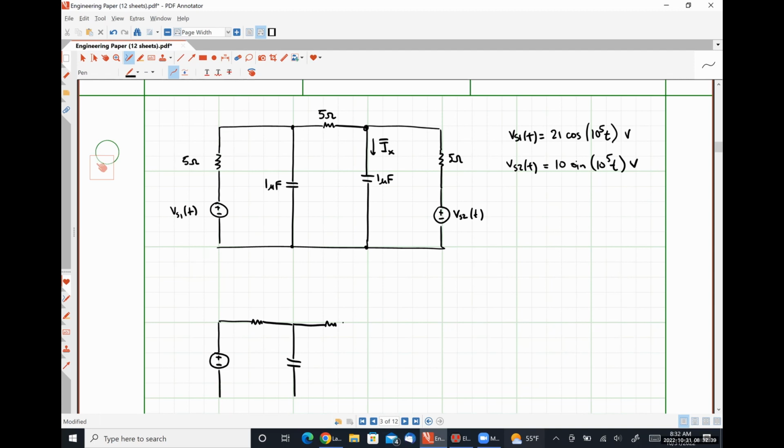What is its phasor equivalent? 20 angle 0 degrees volts. 21, thank you. What about our voltage source VS2? What's it going to look like in the frequency domain?